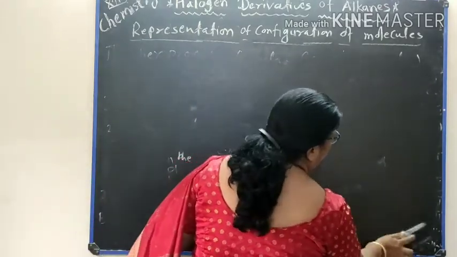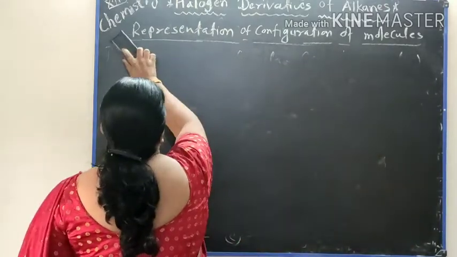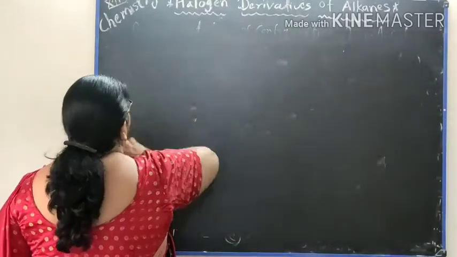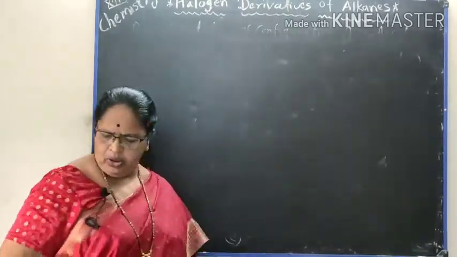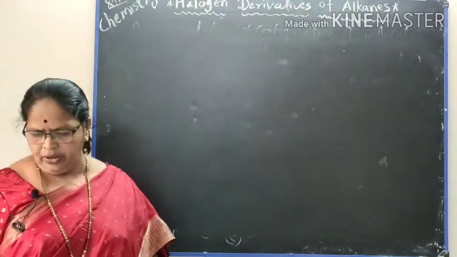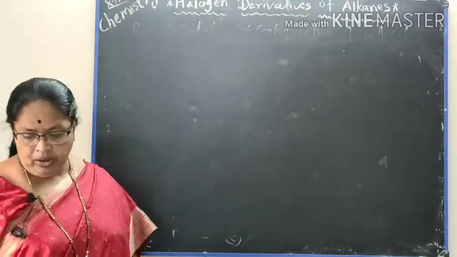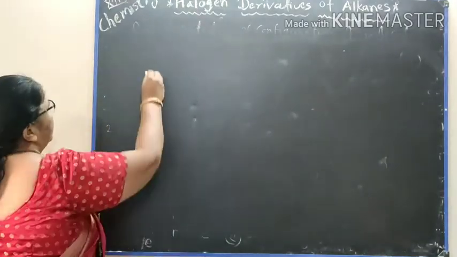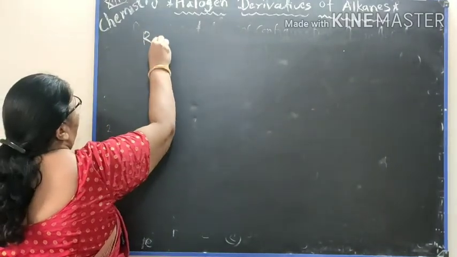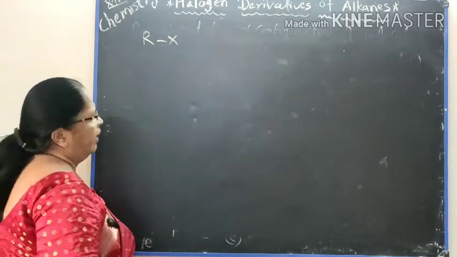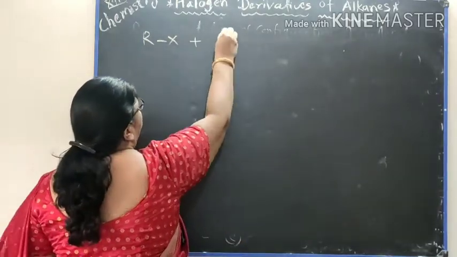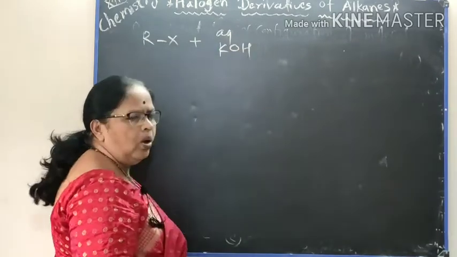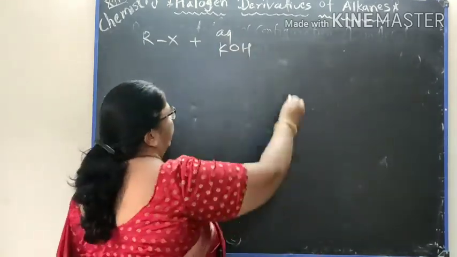We will see the first one. Suppose alkyl halide is treated with aqueous KOH or NaOH. It gives alcohol and sodium halide. Suppose here RX, alkyl halide, is treated with aqueous potassium hydroxide or sodium hydroxide.